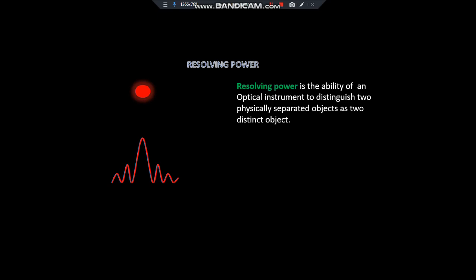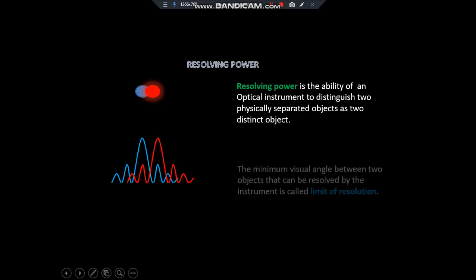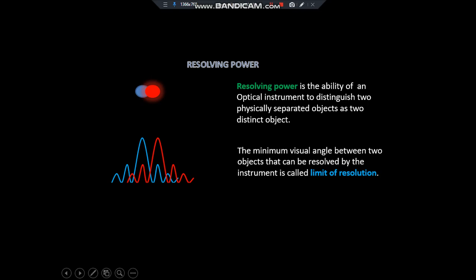If you have another diffraction pattern, the blue color spot, you have the blue color wave. The minimum visual angle between two objects that can be resolved by the instrument is called the limit of resolution. The reciprocal of the limit of resolution is known as resolving power.